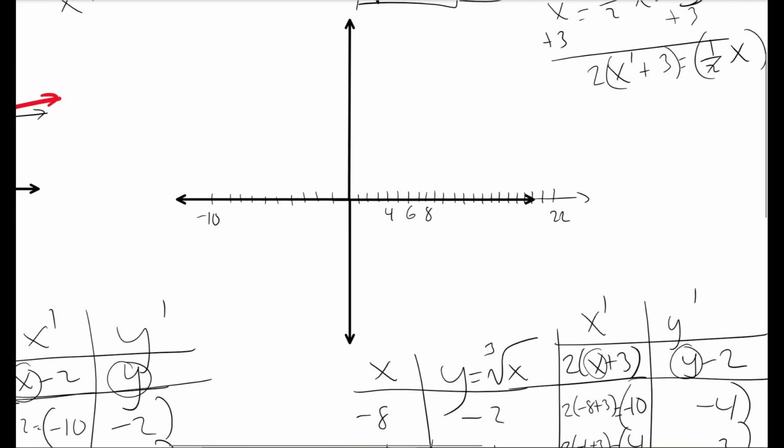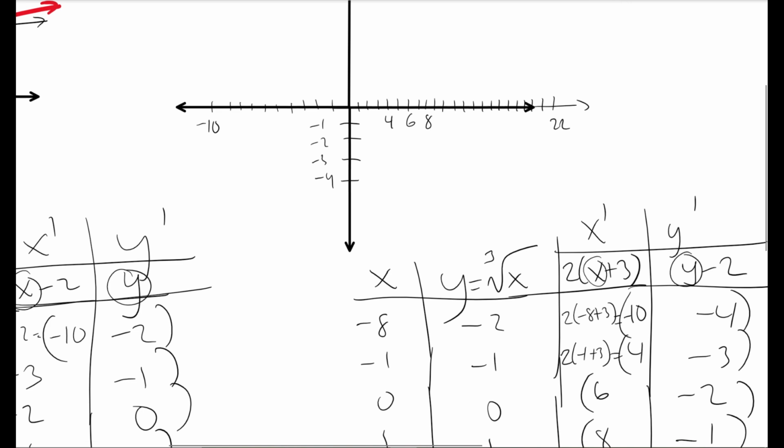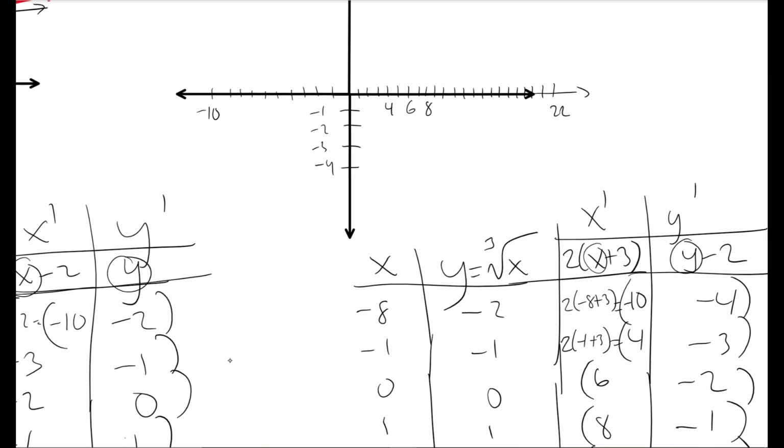So y's are to negative 4. 1, 2, 3, 4. So when x is negative 10, y is negative 4. Just looking at that coordinate. When x is 4, y is negative 3. When x is 6, y is negative 2.